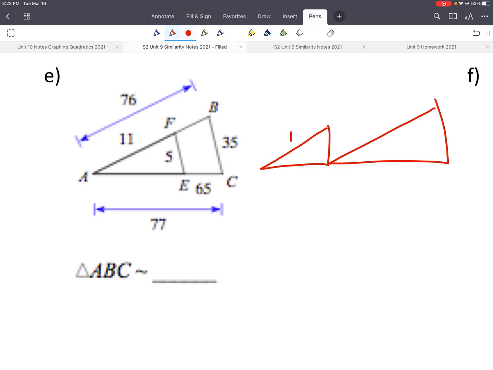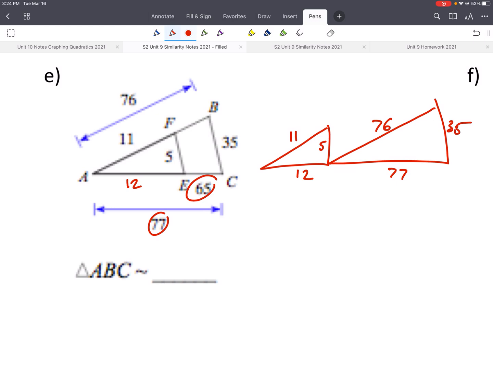Okay, so this is 11 and 5. And we'd have to use some math to come up with this, but that ends up giving us 12. And then this whole thing we said was 77 and 76 and 35.